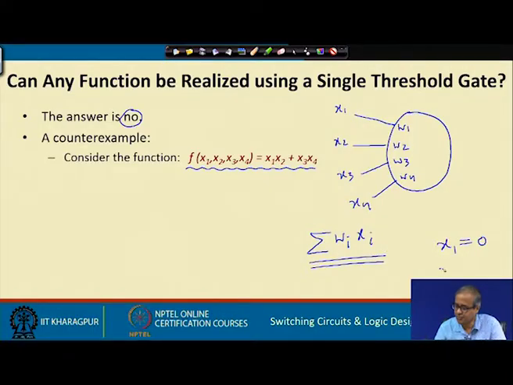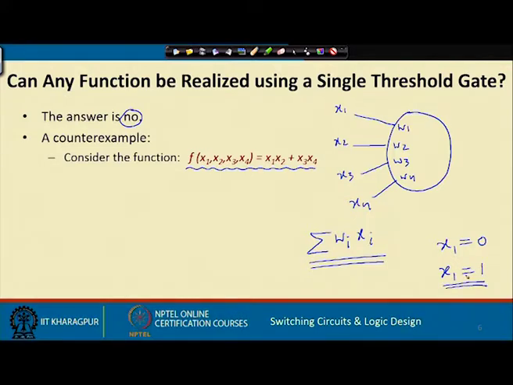So, you will have to consider only those terms for which the input is 1. For example, if x 1 is 1 and x 3 is 1, then the weighted sum will be only x 1 W 1 plus x 3 W 3. x 2 and x 4 will not appear here because they are 0.